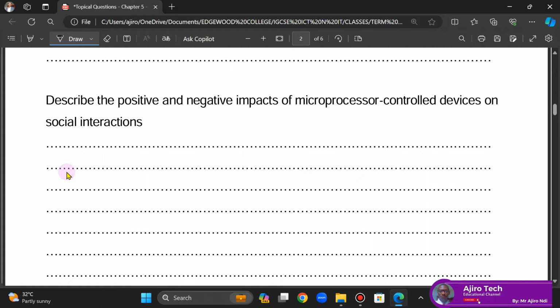So the first thing I want to start with is the positive. Let's start with positive. For the positive, we'll talk about social interaction. This is where people are communicating. It's easier to make new friends using chat rooms.